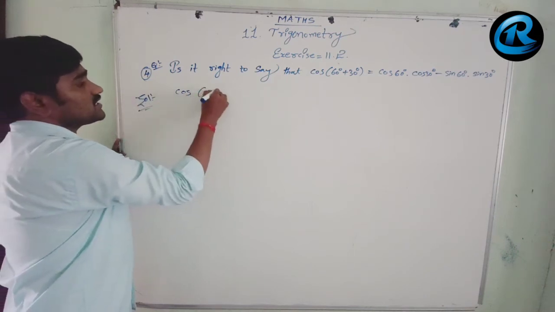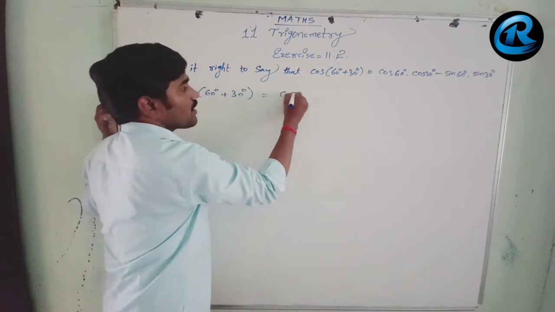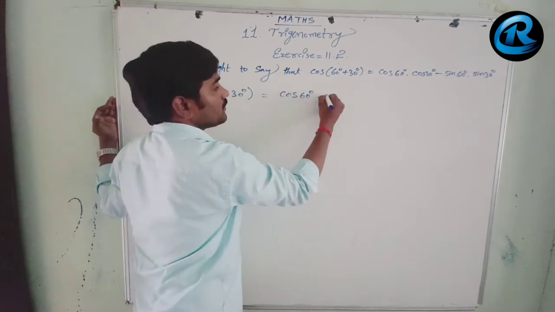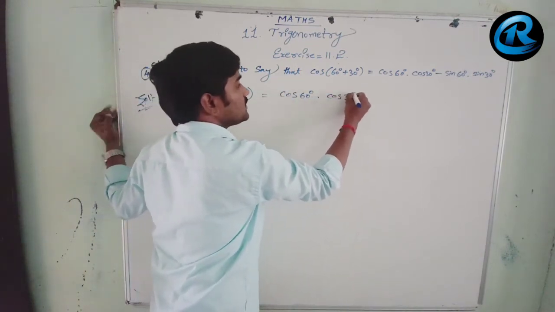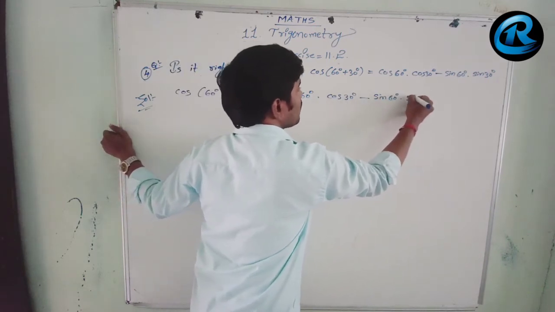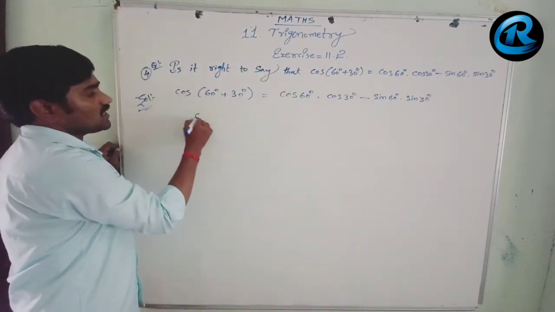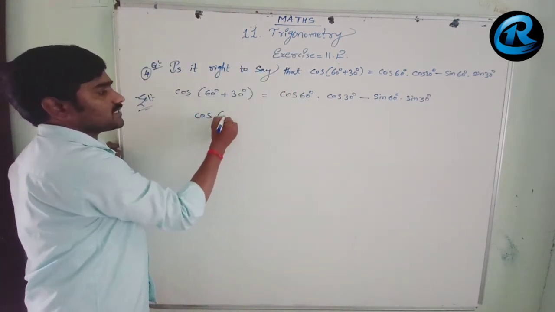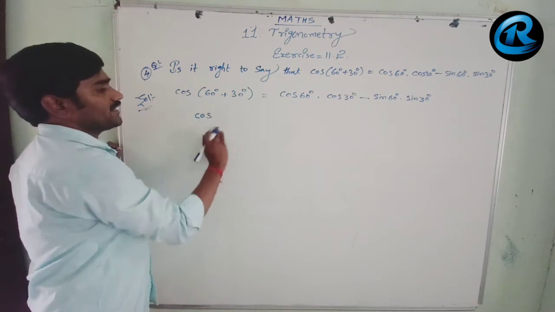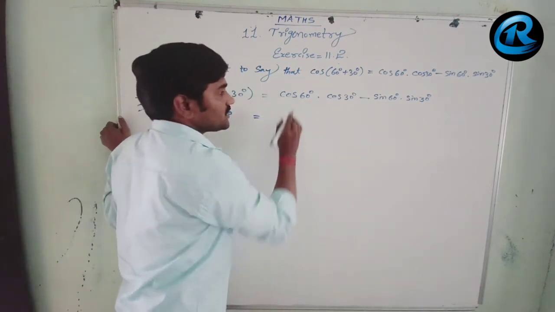Cos(60 degrees plus 30 degrees) equals cos 60 degrees into cos 30 degrees minus sin 60 degrees into sin 30 degrees. So cos(60 plus 30) is cos 90 degrees, and cos 90 degrees equals the value of cos 60 degrees.